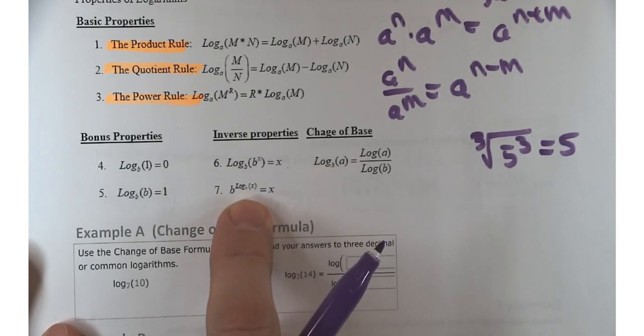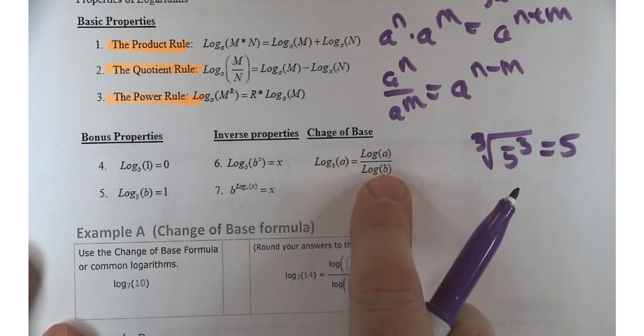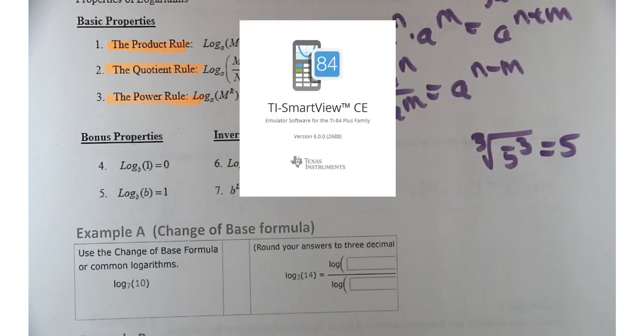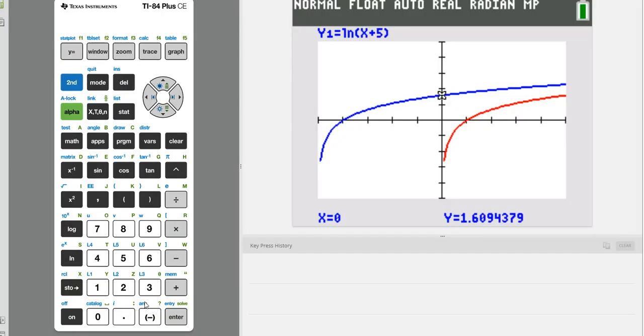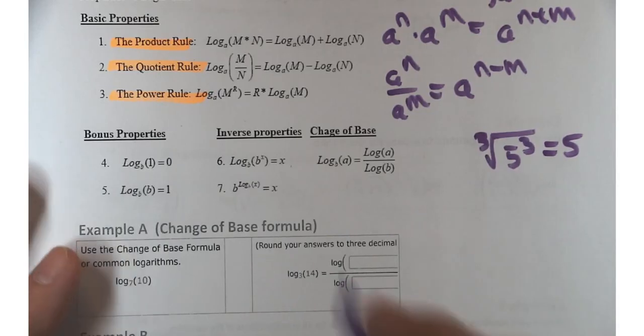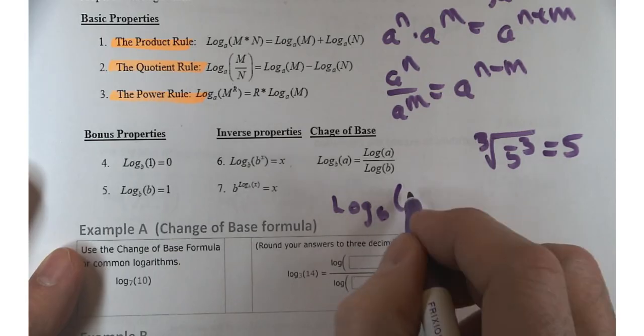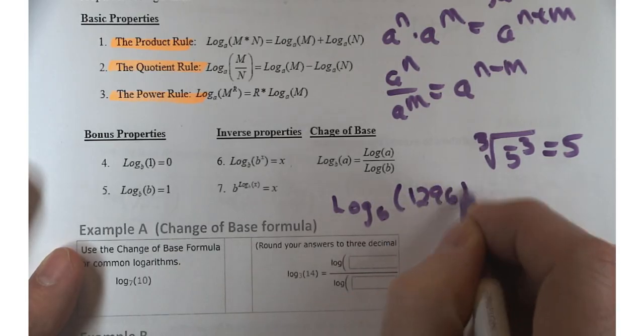Likewise down here, this is the change of base formula. If you're stuck with an older TI graphing calculator, say like an 83, then that's how you would change base to do logarithms. I'll give you an example. So let's say log base 6 of 1296.